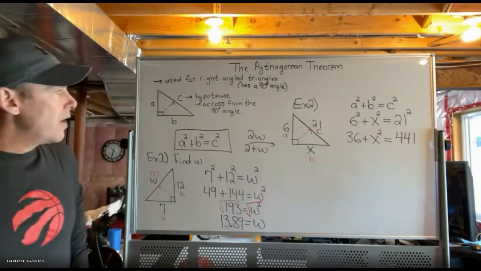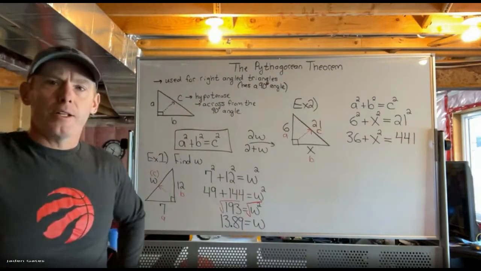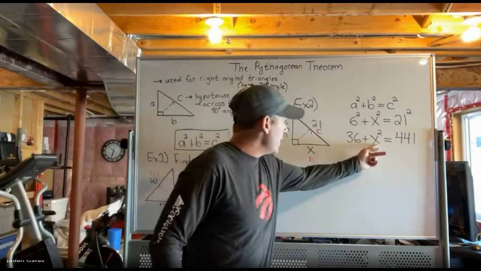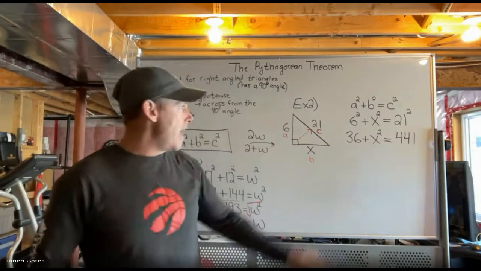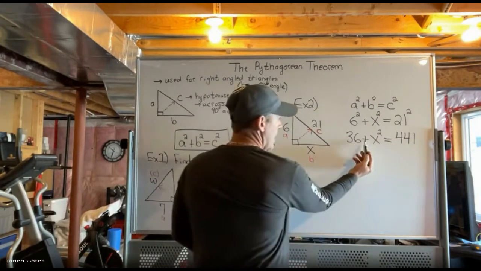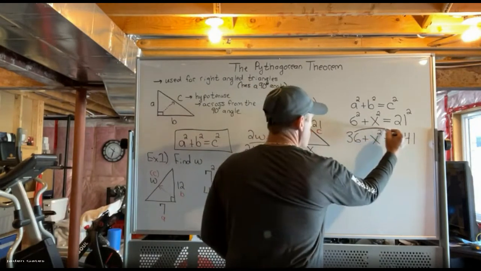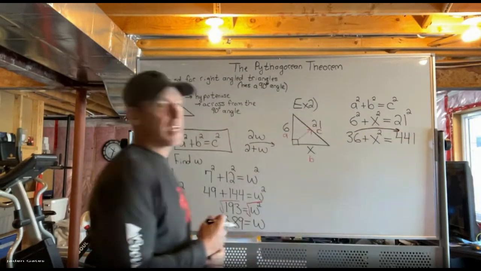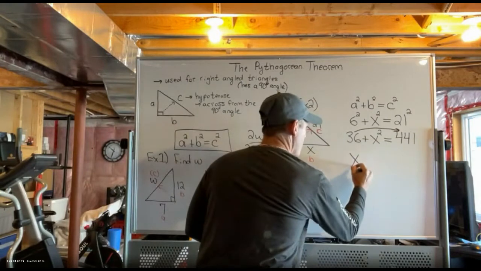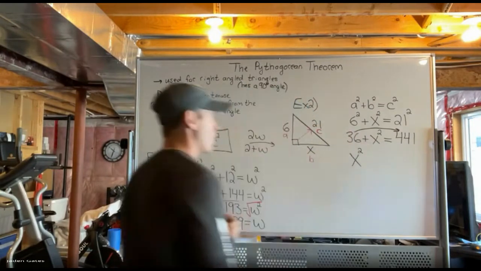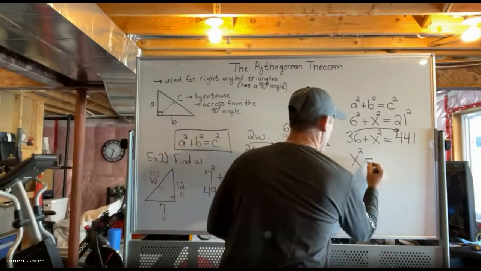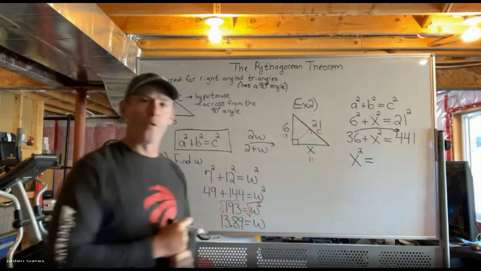Now, this is a little bit different situation than I had over here. I want to get x by itself. Well, I have this 36 on this side, and it's not attached. So what I can do is move it over to the other side of the equal sign. Now all I have, because I'm moving that 36 over, is an x squared. That's all that's over there. On the other side, I have that 441.